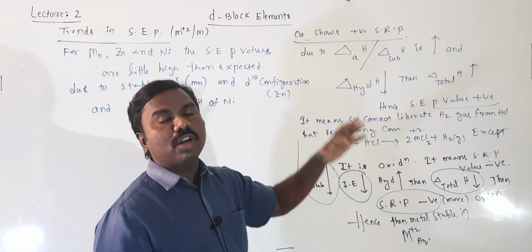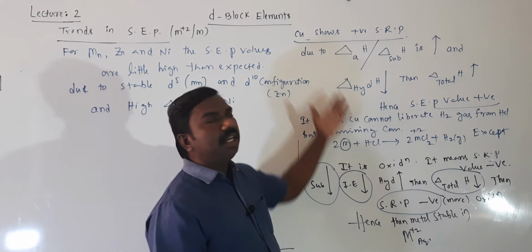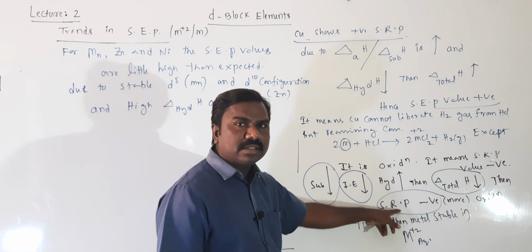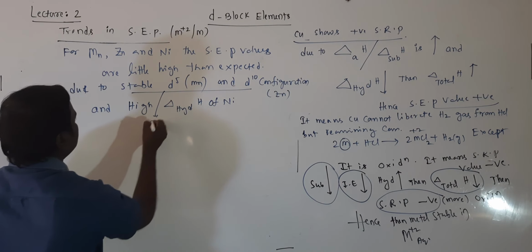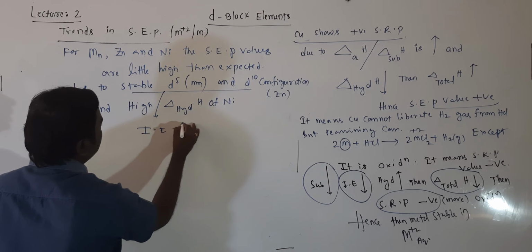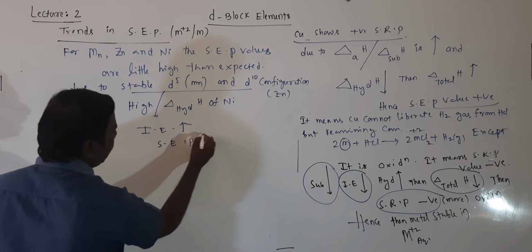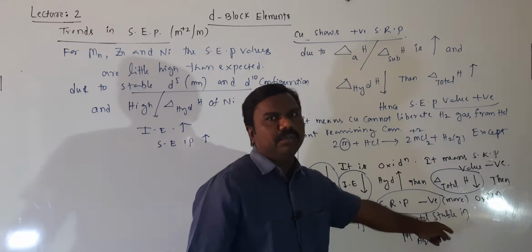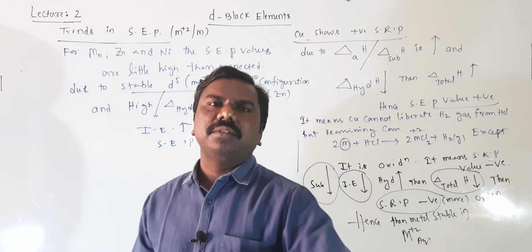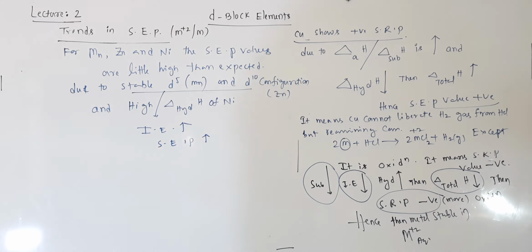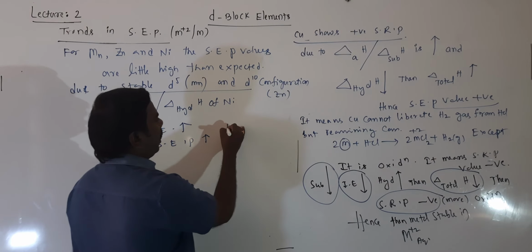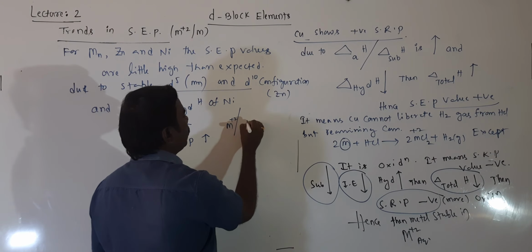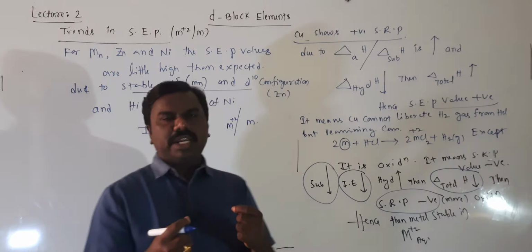It means to remove an electron, more energy is required. Then it will be reverse than expected. So for these stable configurations, ionization enthalpy value increases, SEP will increase, negative but less negative. Getting all of you? Yes, this is very, very important. You just follow this. So it is M to M plus 2, M plus 2 to M, it means 2 electrons gained.